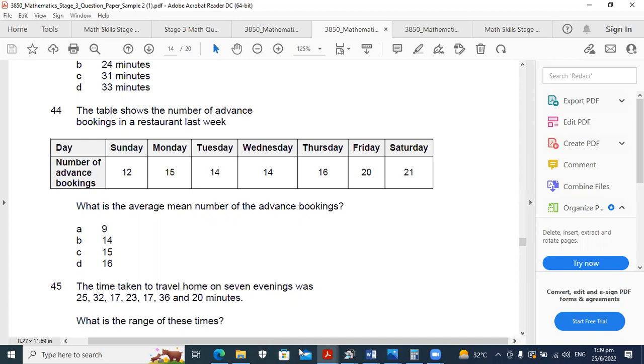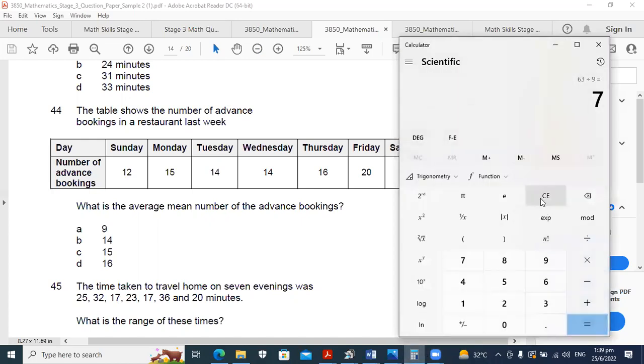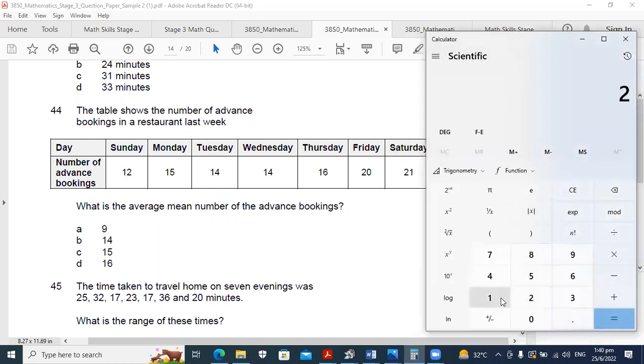When you add up these numbers, what do you get? 100 and something. That's 69. Maybe 16. Yep, 16.